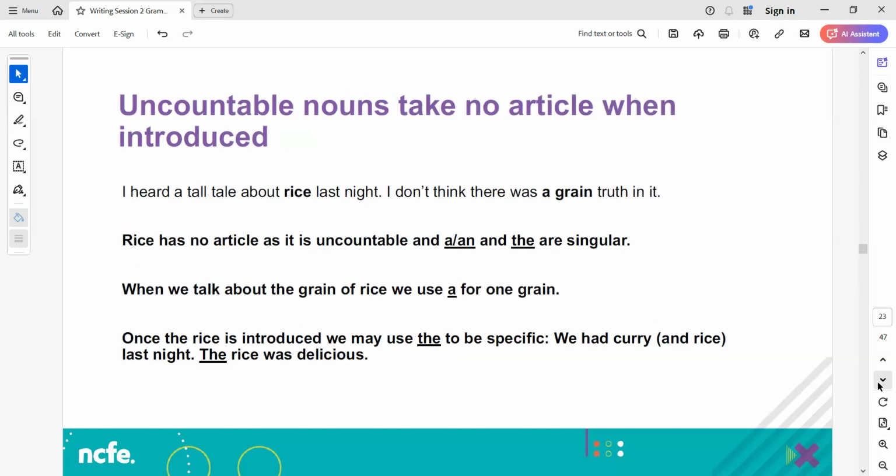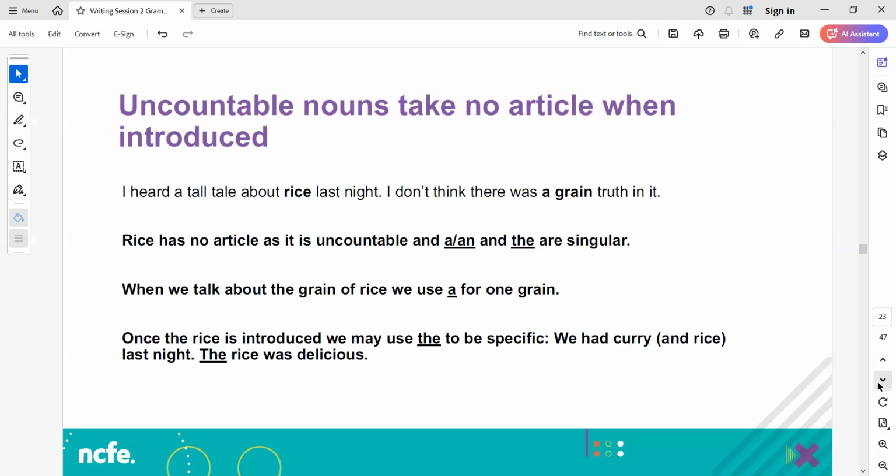But uncountable nouns take no article when introduced. I heard a tall tale about rice last night. I don't think there was a grain of truth in it. Rice is uncountable, so as I mentioned, it's a plural thing that we can't count how many grains, so we talk about it as an uncountable noun.